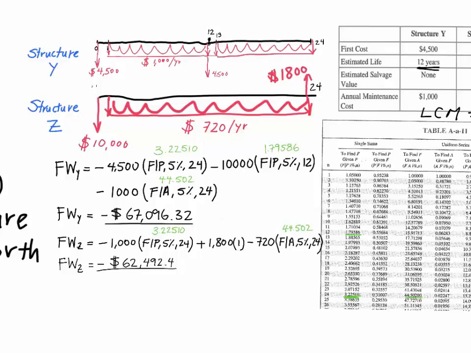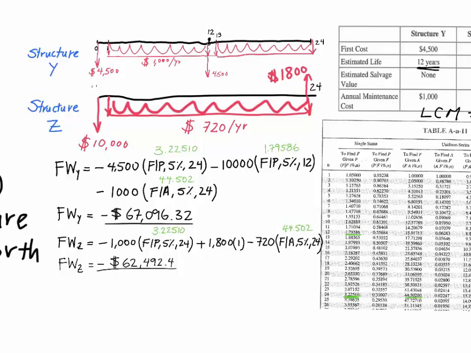And then the annual uniform series 720, you multiply by the future worth factor of that annual series for 24. You use the same factors, F given P 24 and F given A 24. So when you calculate the future worth of Z, again, you expect it to be negative because the present worth was negative.